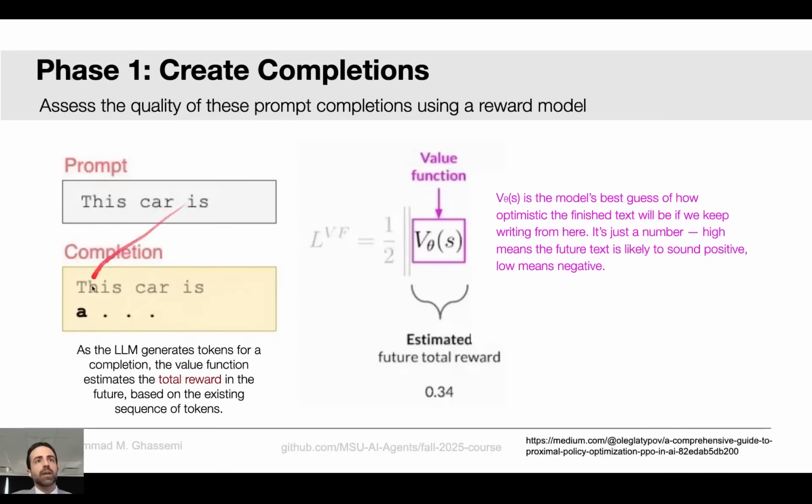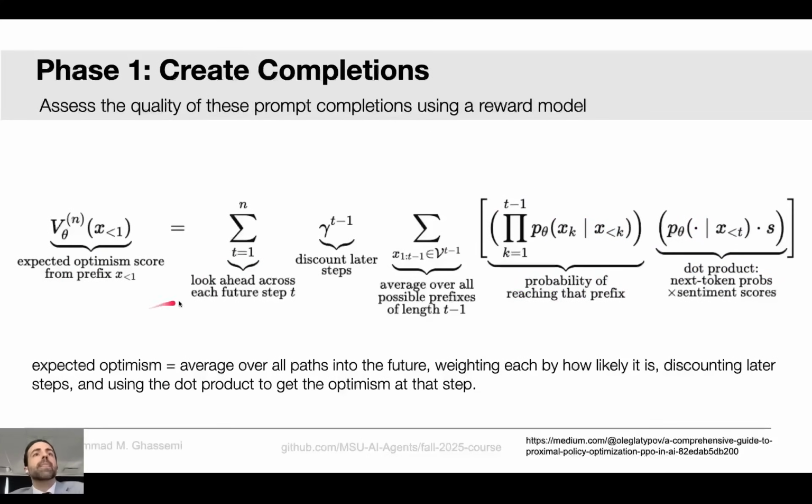So this car is A, and the future steps are, what are the words that are going to come after A? And so for a certain number of steps into the future, perhaps up to the point of termination, I am going to average over all possible prefixes.